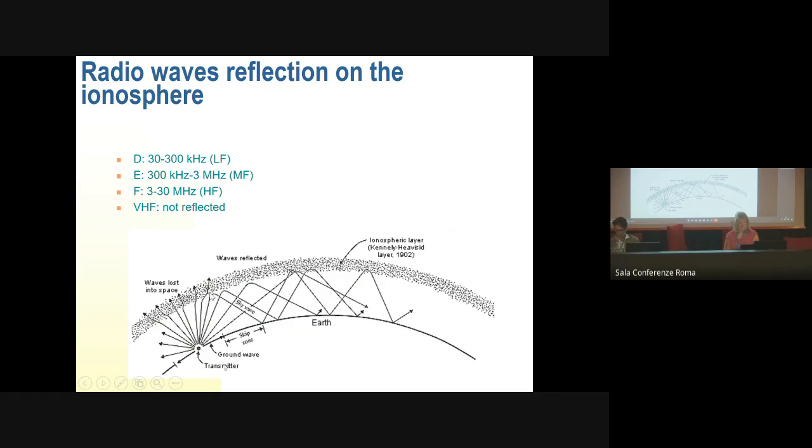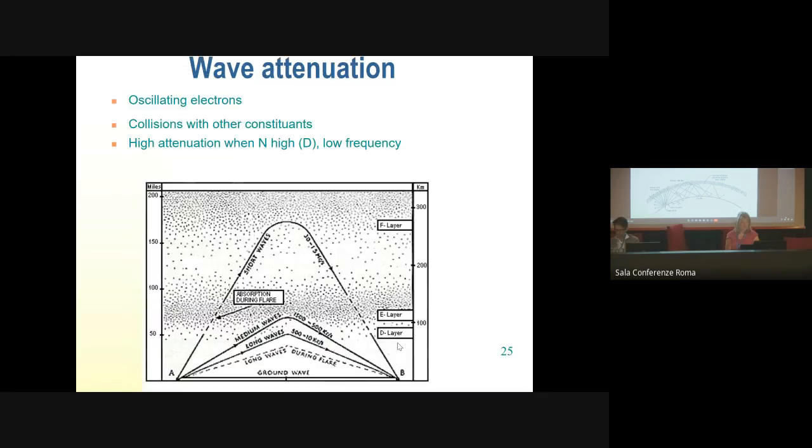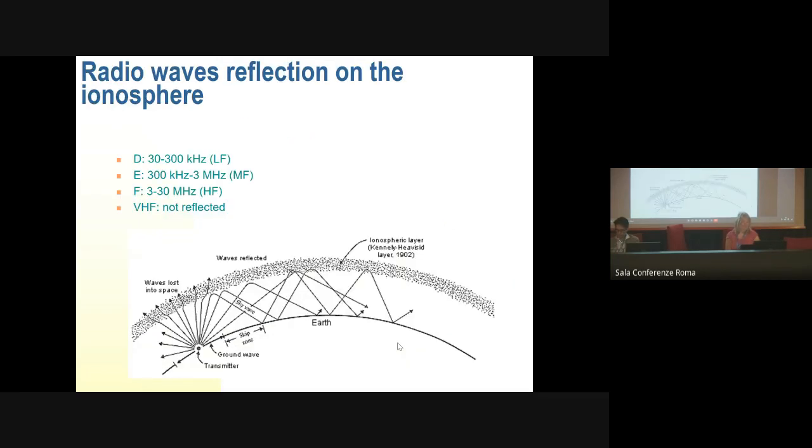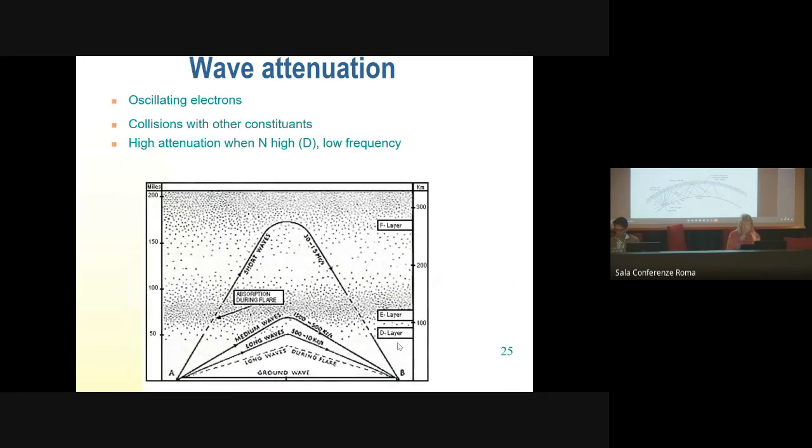And this explains this transmission at large distance, because you can have several reflections like this, and thus obtain transmission at large distances. These frequencies are just indicative, because they change a lot depending on the ionospheric conditions.